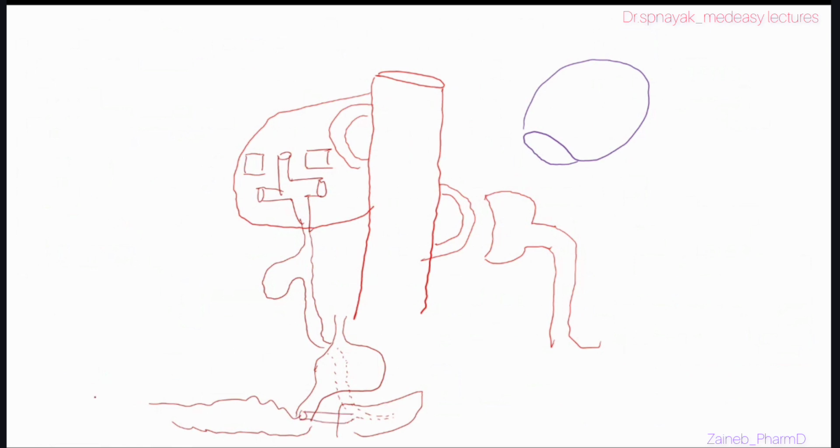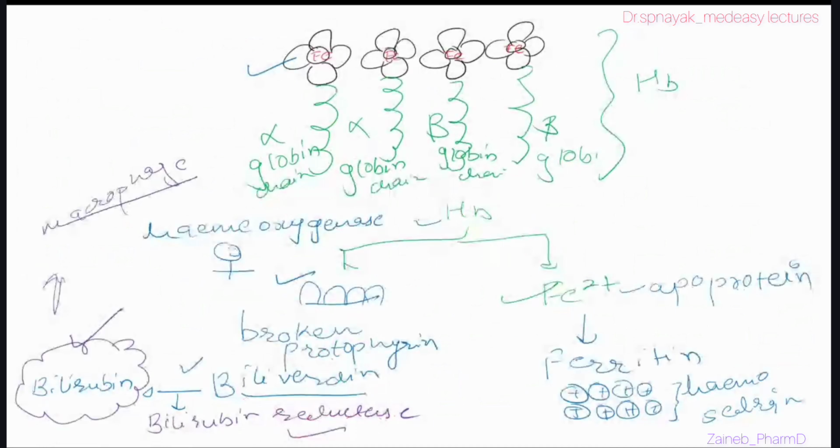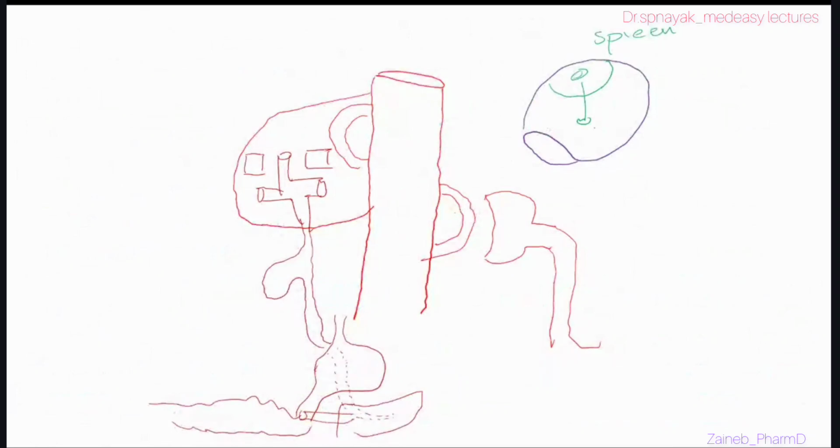So this is the spleen. In the spleen, we have the macrophage, in which the RBC is broken down into bilirubin. And this bilirubin, after its formation, will be released from here.